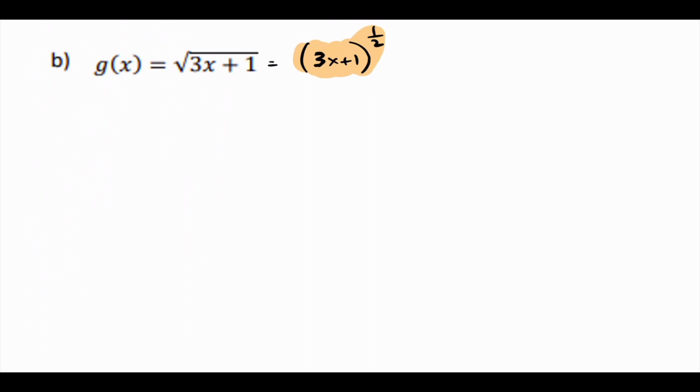Move that guy to the front. Subtract a power, right? Subtract a whole. That's what we're going to do. One half moves to the front. Going to subtract a whole. That makes negative 1/2. Rewrite the inside because I haven't touched the inside. The inside stays the same.